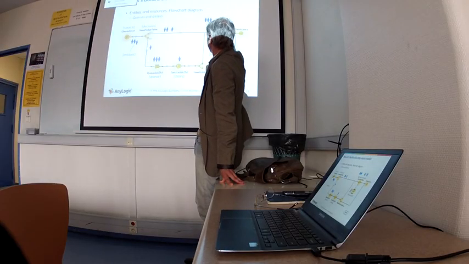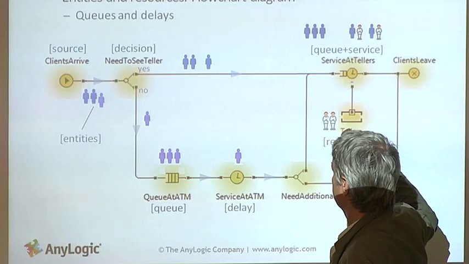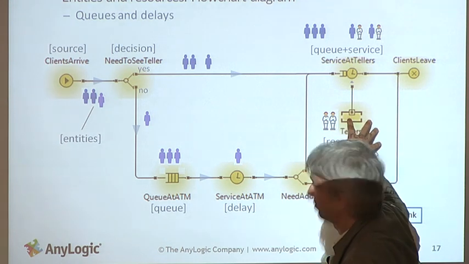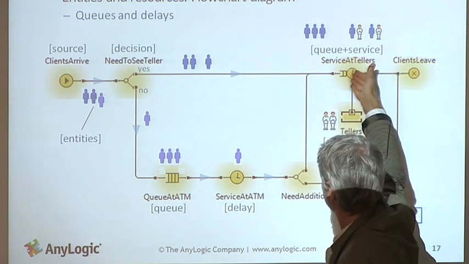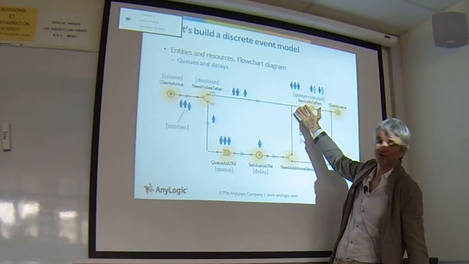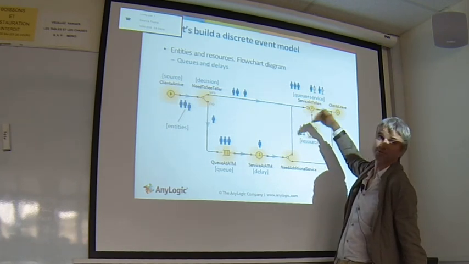Others go to see tellers, and there can be more than one teller, so these are resources in our model. And this is the service block, because again, potentially we may have more customers in there than tellers. A queue may appear before the tellers.